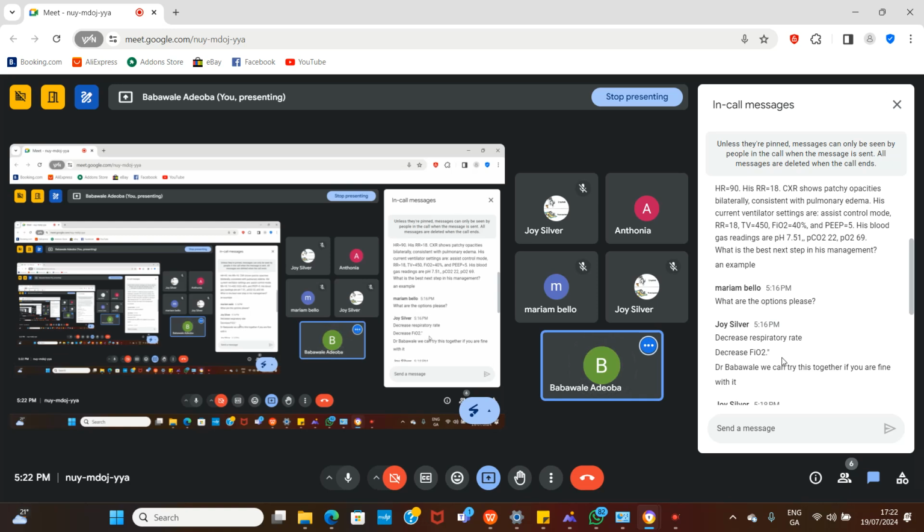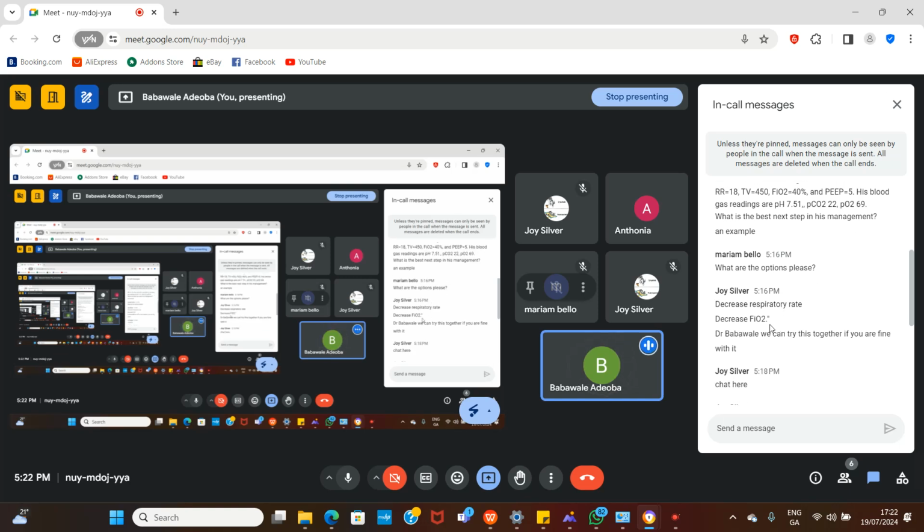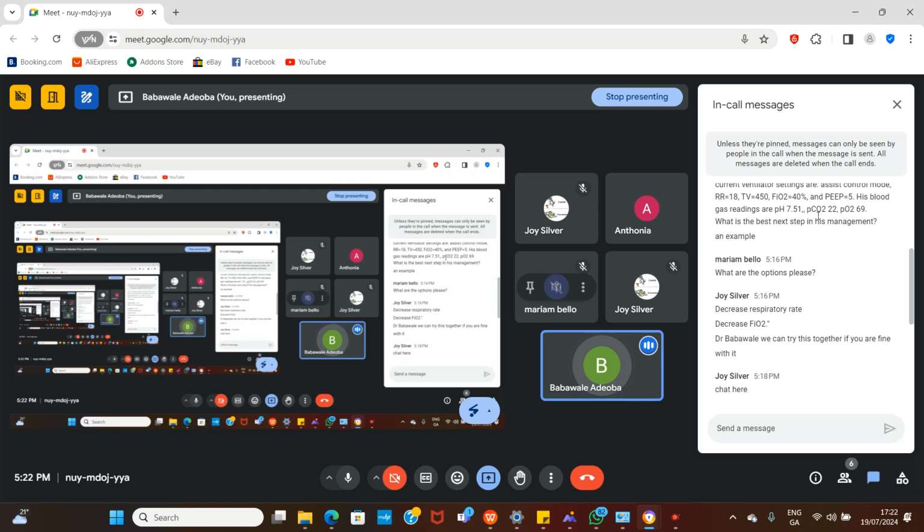So the thing is, we just look at both sides. The major thing is to focus on the oxygen. If you are not getting any option that talks about improvement of the oxygen, like here now, the one that will favor oxygen is FiO2, but we cannot decrease FiO2, so this one is out. Then you can look at the PCO2, because this guy is having two problems.